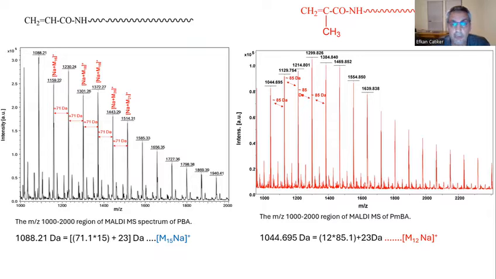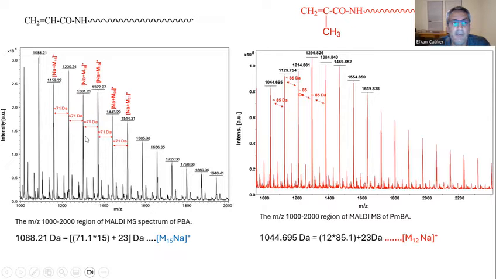To make sure, we obtained MALDI mass spectra of both products. As shown, the degree of polymerization is about the same, about 20, because the center of the spectrum has a mass of 1,400 for both.